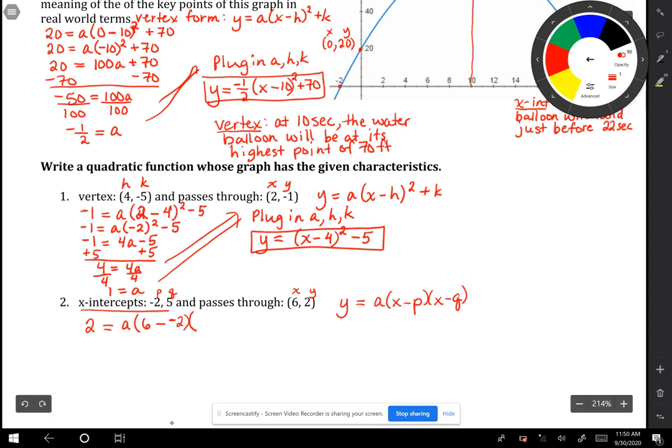X again with 6 minus the Q is 5. So 2 equals A times 6 plus 2 times 6 minus 5.